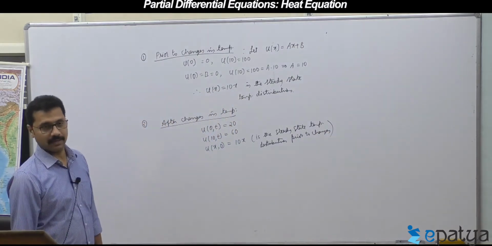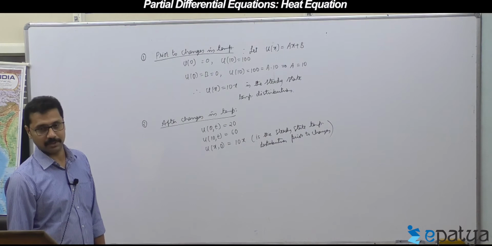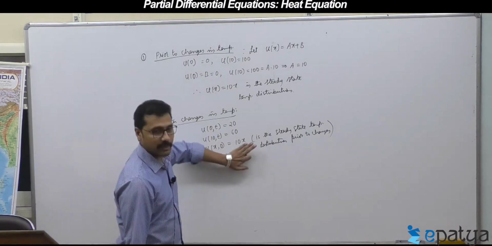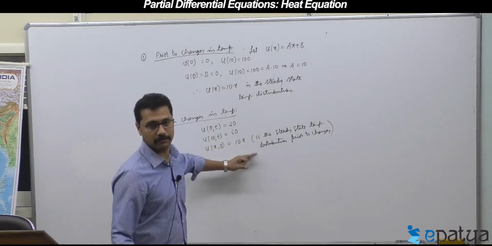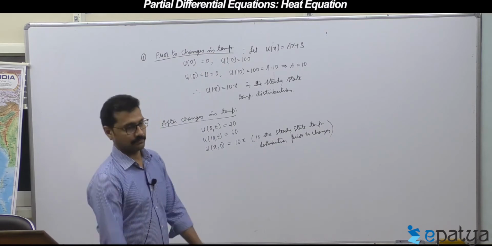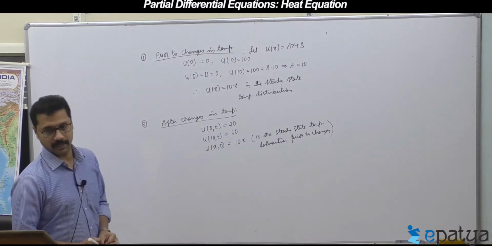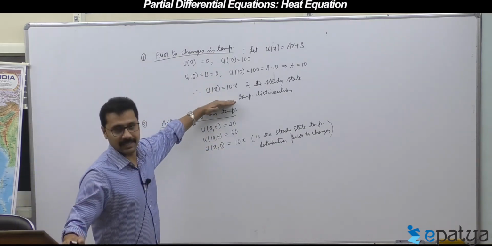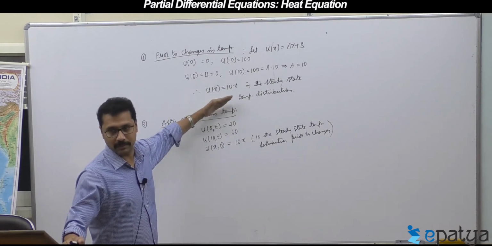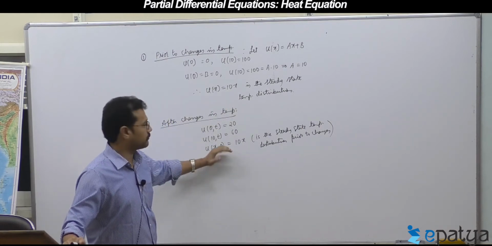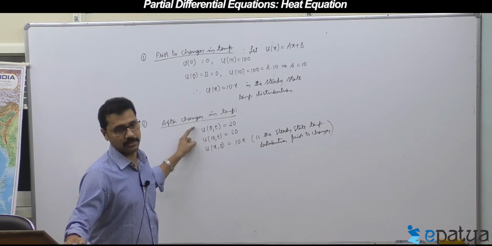Is that okay? The steady state temperature distribution prior to changes becomes my initial temperature distribution for the new scenario. Previous steady state temperature distribution now becomes the initial temperature distribution for the new boundary conditions scenario.